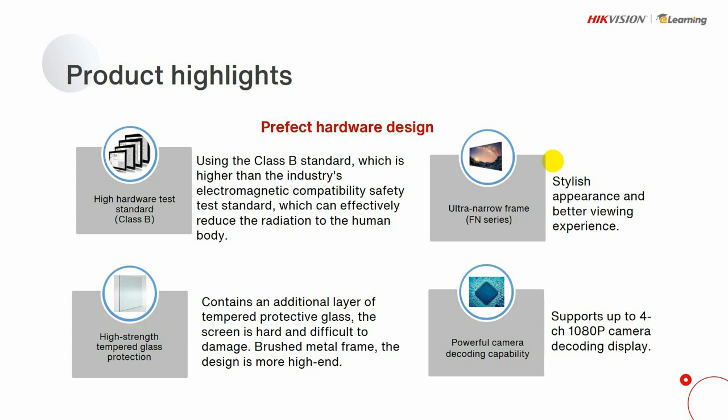And they have a stylish appearance and better viewing experience, right? The FN series has an ultra narrow frame, for example. And they have high strength tempered glass protection. The screen supports up to 4-channel 1080p camera decoding display, like we said before, right? Or 1 channel of 4K camera, right?